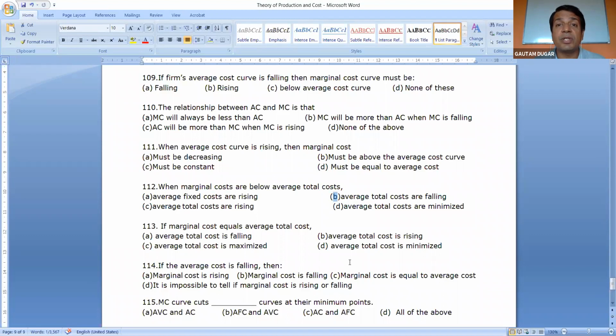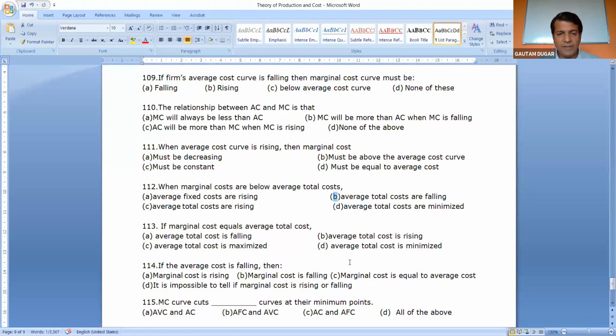When marginal cost is equal to average cost, then average cost is minimized. When AC is minimum, then MC curve is cutting the AC curve. I hope you remember the diagram, right? Please, it's a request. Go through these portions carefully. You need to read it.